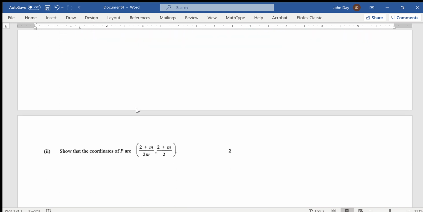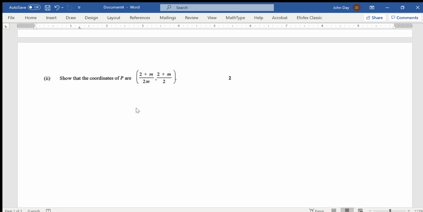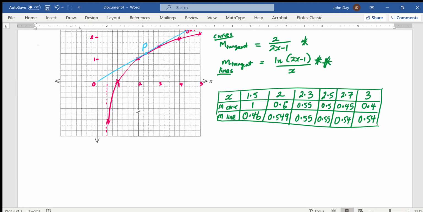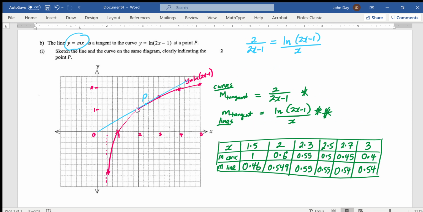So the next question is, show that the coordinates of P are 2 plus m on 2m and 2 plus m on 2. All right. So once again, we can look at the coordinates of P from two different points of view. We can look at it from the point of view that this is the point X. It's on the curve, but on the tangent, it's X, mx, because y equals mx.